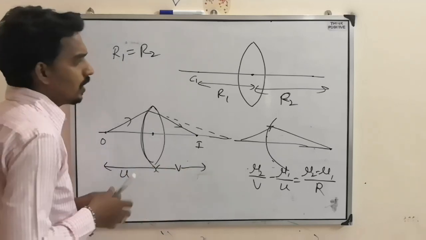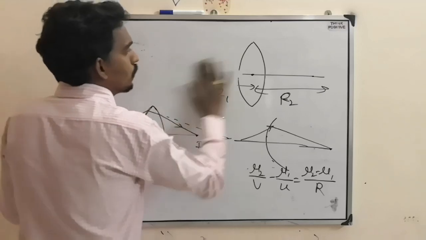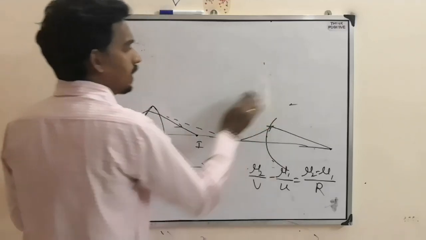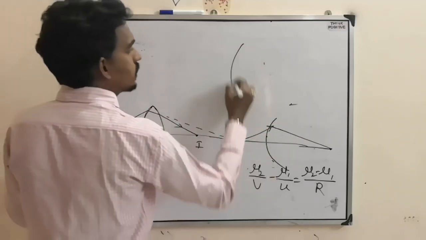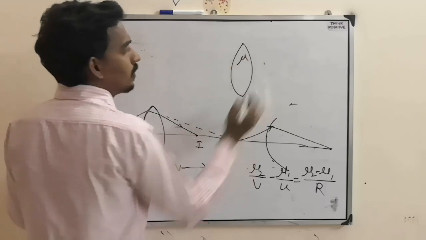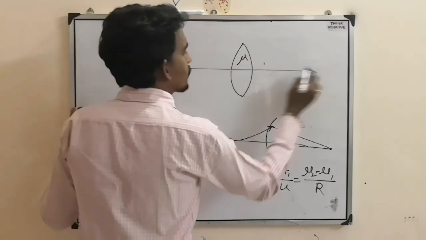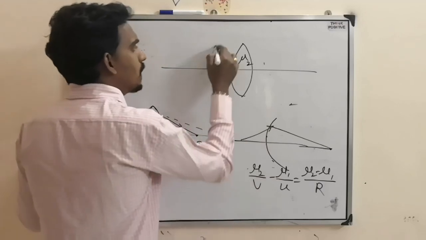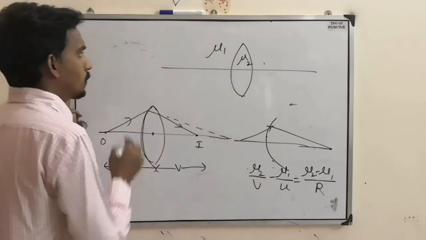Using this we derive the formula for the focal length of a convex or concave lens. Let's take the lens medium refractive index as mu2, placed in a medium of refractive index mu1.